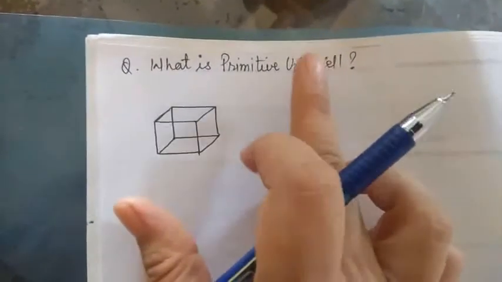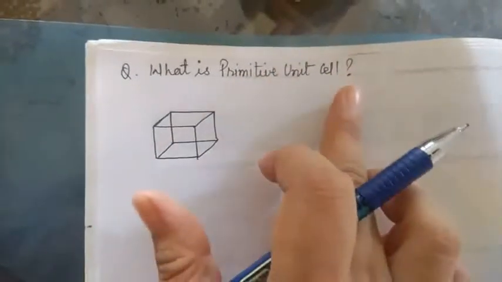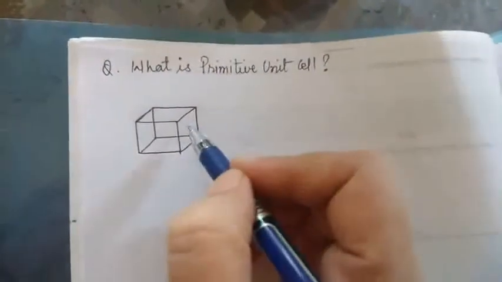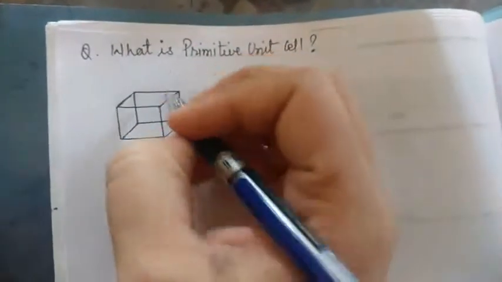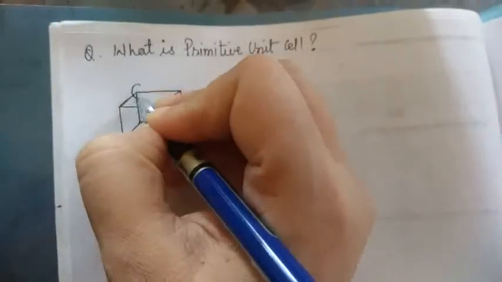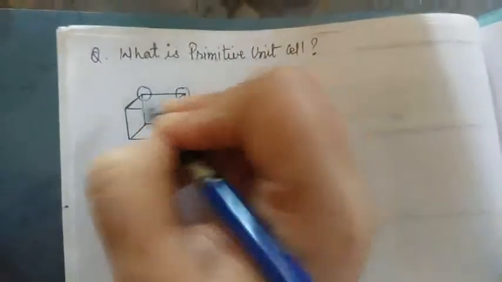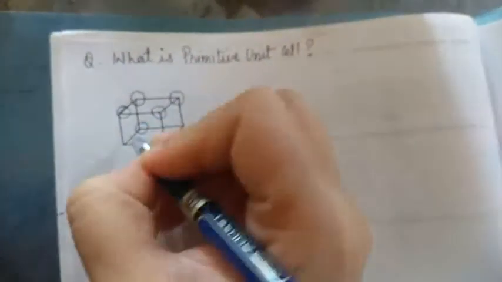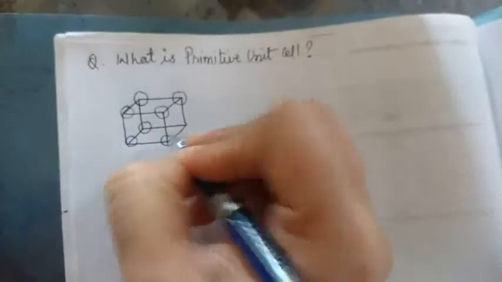I told you unit cell is of two types, primitive and centered. So very firstly we will talk about the primitive unit cell. A primitive unit cell is the unit cell which has constituent particles only at the corners. So how many corners are there in a cube?